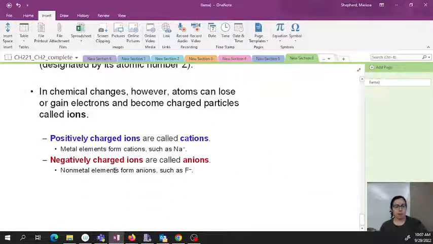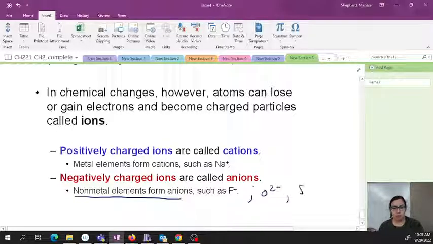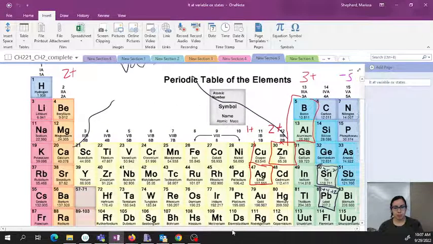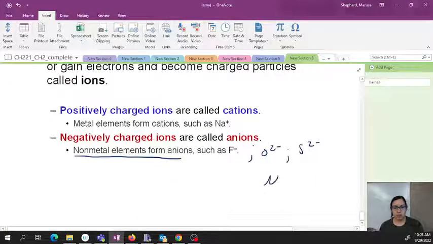And then negative ions, so we'll see that those are your anions, and those all tend to be those nonmetal elements, so fluorine, and then oxygen, sulfur. Could also be nitrogen, 3-, etc.